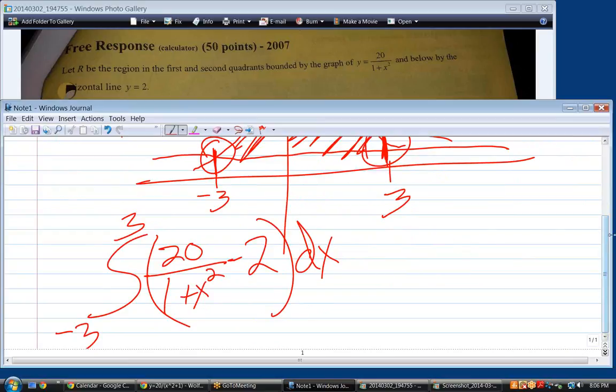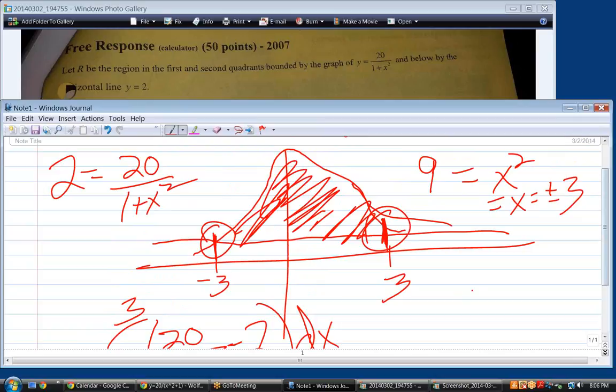So what is the area of an individual washer? Let's pick a washer right here. It's got a hole from there to there. So the area of this washer is the area of the large circle minus the area of the small circle.